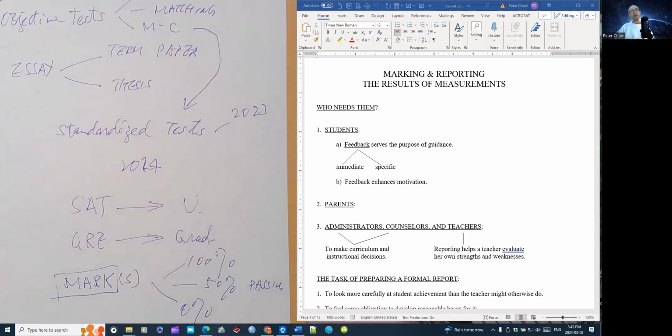All right. So let's take a look at marking and reporting and the results of measurement. First of all, who needs them? Of course, students.